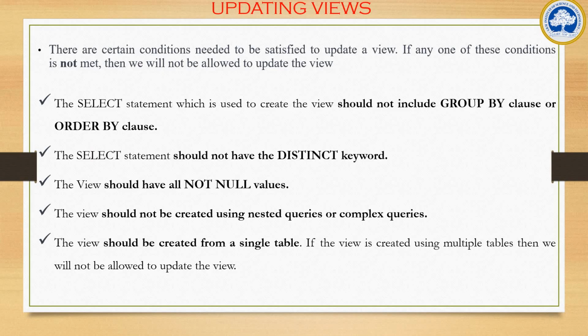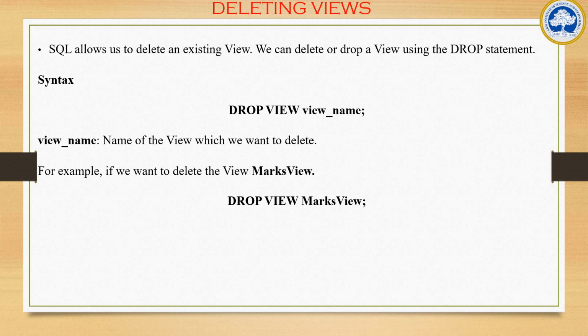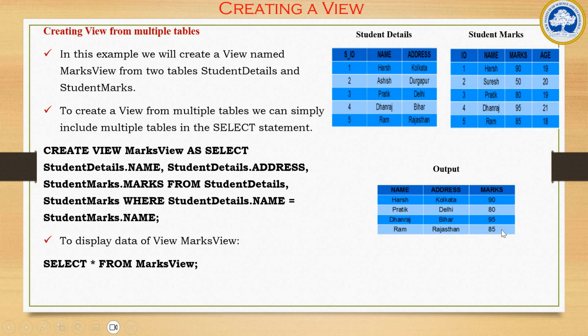Similarly, the view should be created from a single table. You can create a view with multiple tables too, but then you can't do updates on the view. When a view is created with multiple tables, updating is not possible. If the view was created from a single table, then only is updating possible. In the previous example, we took marks from the student marks table and details from the student details table.